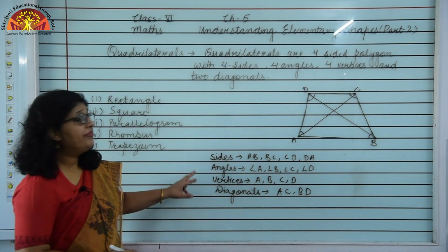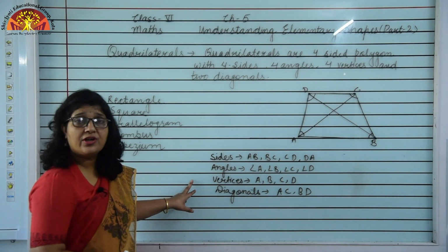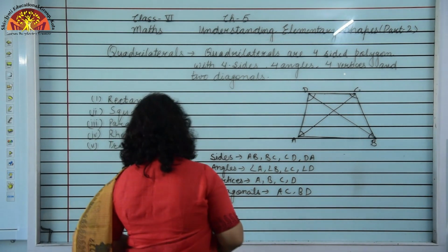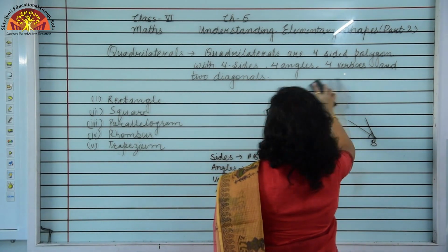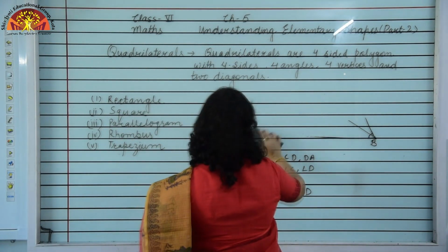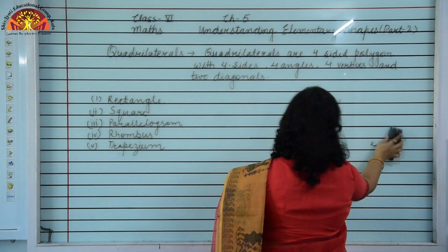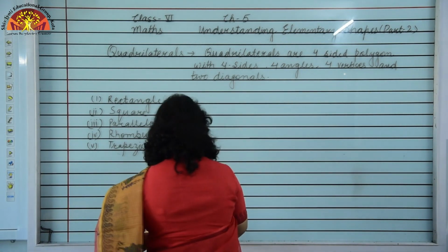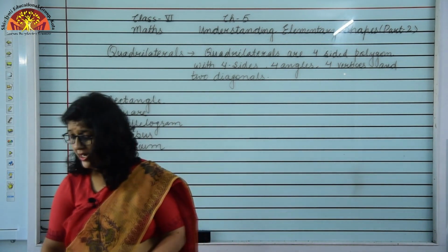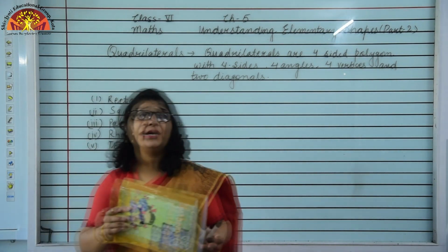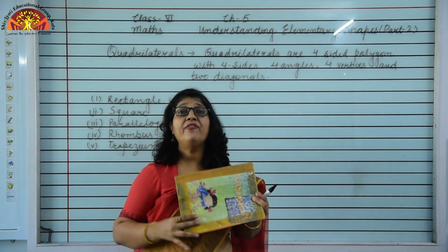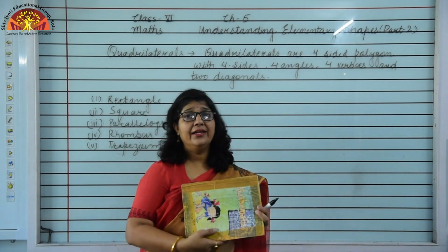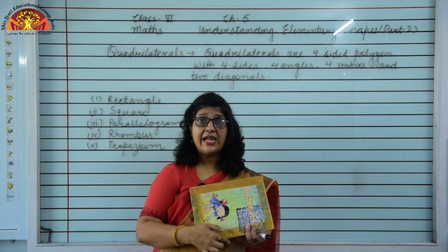Now students, we have some types of quadrilateral on the basis of their qualities or characteristics. First type of quadrilateral is the rectangle. You see a book in our day to day life, you know, you see it daily, so this surface is the shape of a rectangle. In a rectangle, opposite sides are equal.